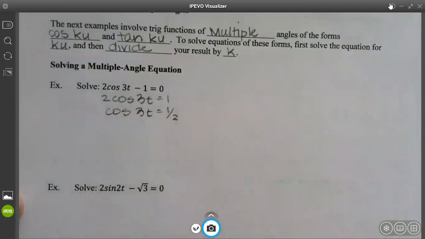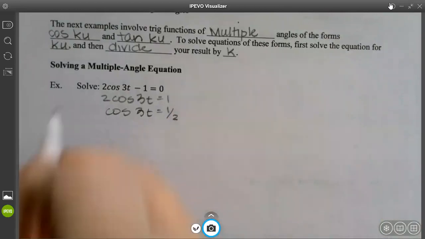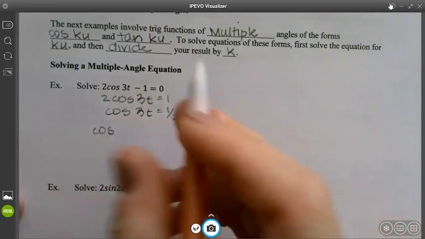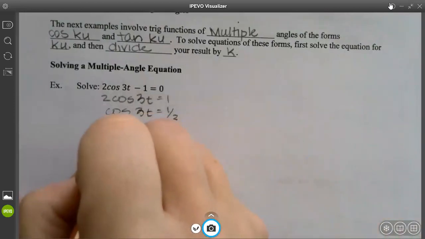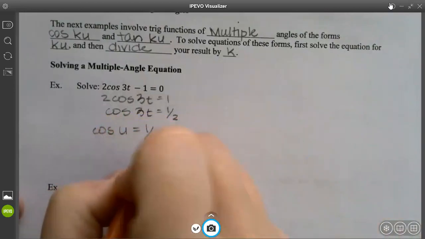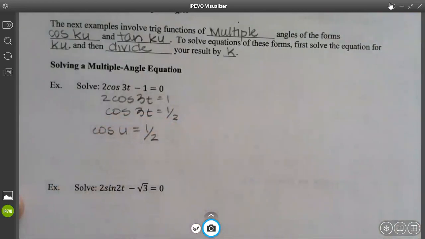And then what did it tell you to do? Solve the equation for KU. Okay, so let's just start with cosine of u equals 1/2. So we'll change it to this.